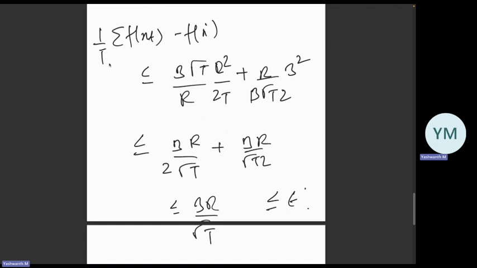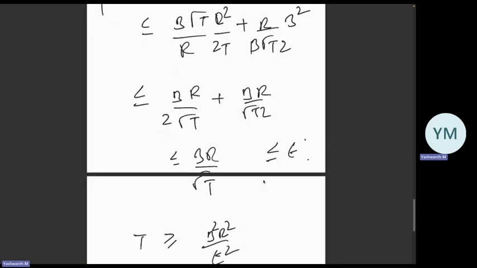Now remember, minimum is less than average. And so the minimum value of f of xt minus f of x star, we want to make it less than epsilon. That can be done if this bound is made less than epsilon.